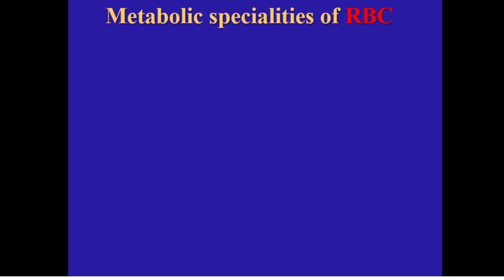And let's discuss red blood cells and their function. At first we need to review the metabolic specialities of red blood cells. You know that mature erythrocytes have no many organelles.